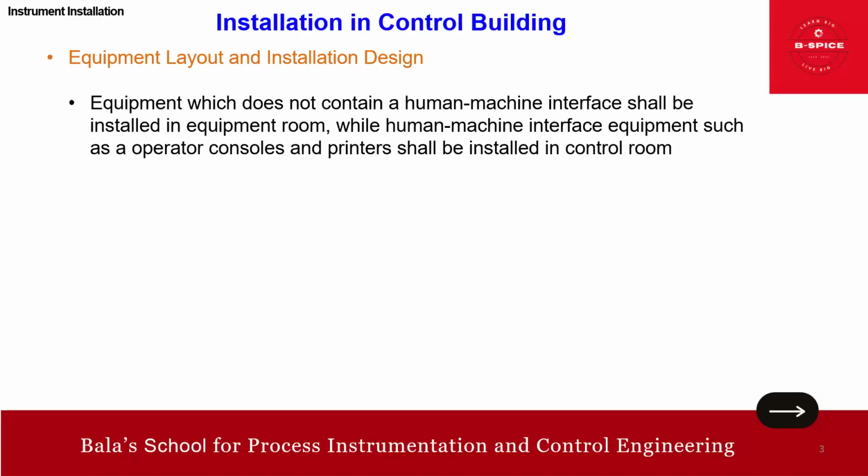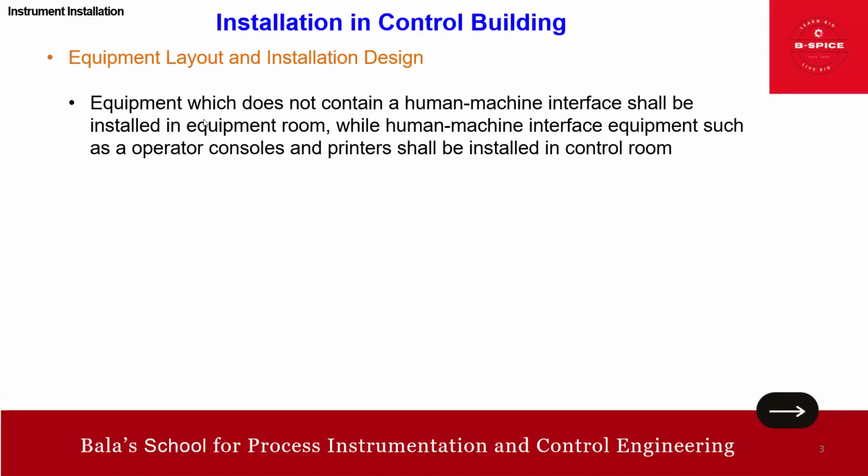Friends, if you remember, we have the human machine interface, which we call HMI. Equipment which does not contain a human machine interface shall be installed in the equipment room, meaning it's like a panel.